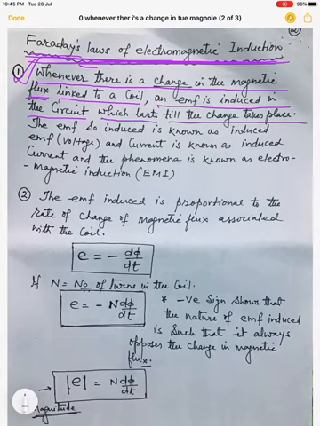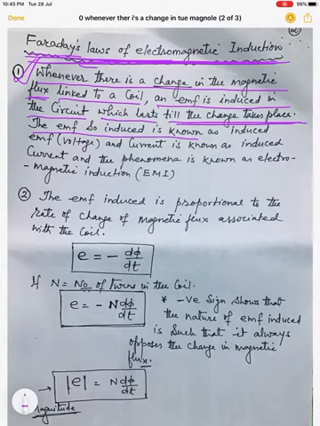That EMF appears in the coil as long as the change is maintained. The moment the change is stopped, this EMF is also stopped. So to maintain the EMF or current in the coil, we have to maintain the change in magnetic flux.